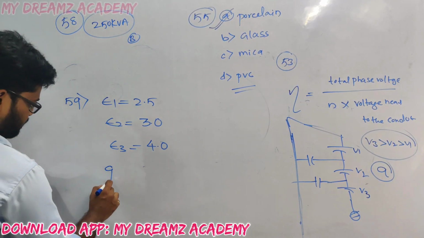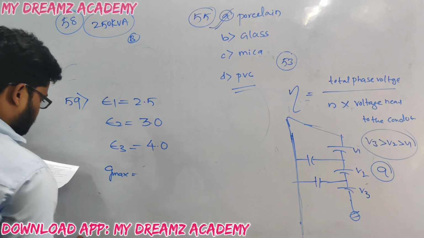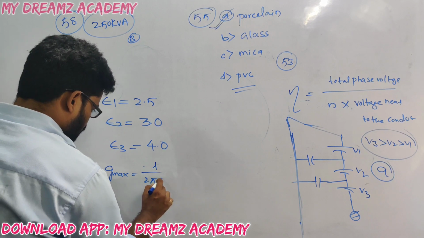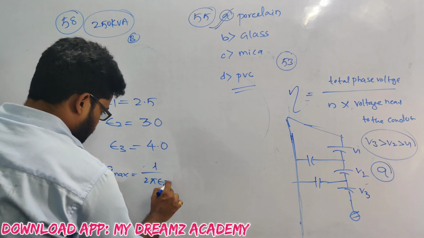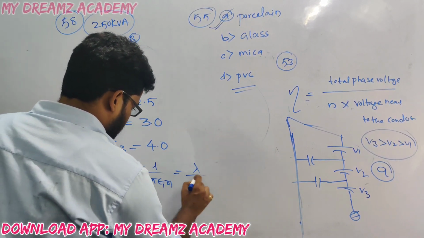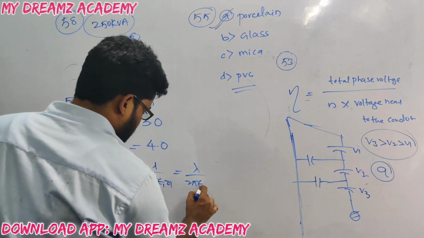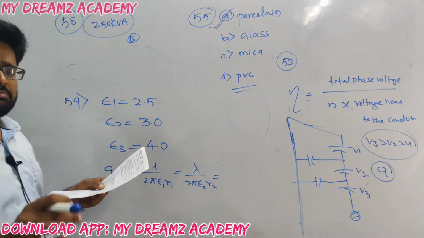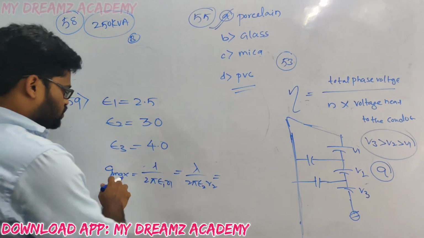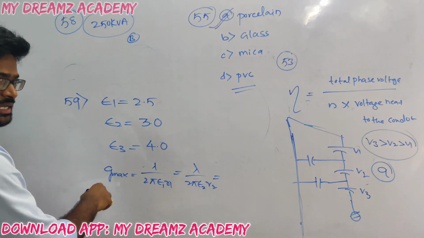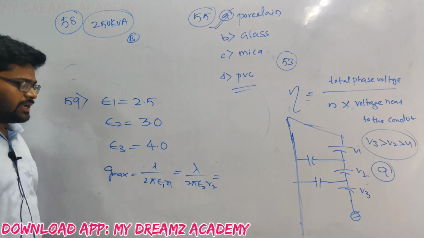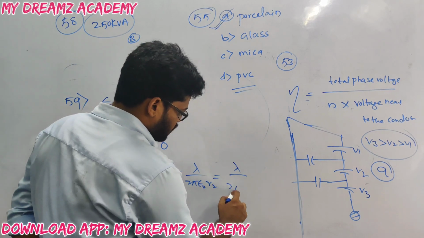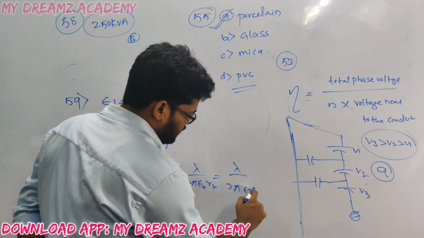Generally, G maximum is calculated like this: lambda by 2 pi epsilon 1 R1, lambda by 2 pi epsilon 2 R2, and lambda by 2 pi epsilon 3 R3, because the question mentions the same maximum working stress.